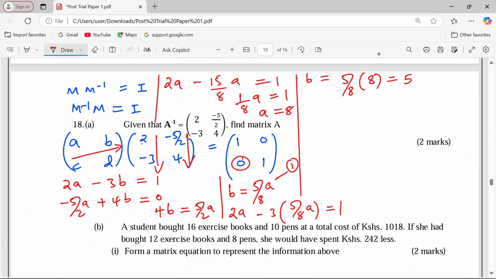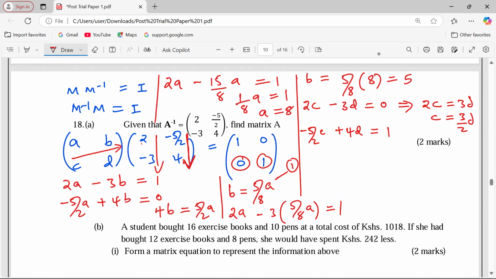So 2C minus 3D, we should get a 0, meaning that this equation can be simplified to 2C equals 3D, and C equals 3 over 2D. Then another equation in terms of C and D: when we multiply C and D by the next column, that is negative 5 over 2C plus 4D, we're supposed to get 1.